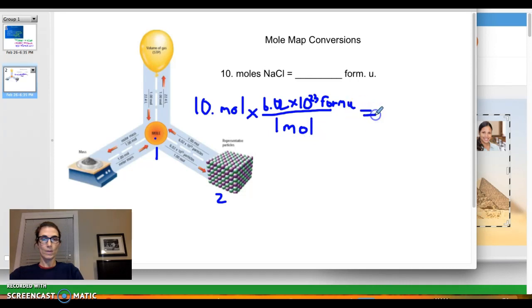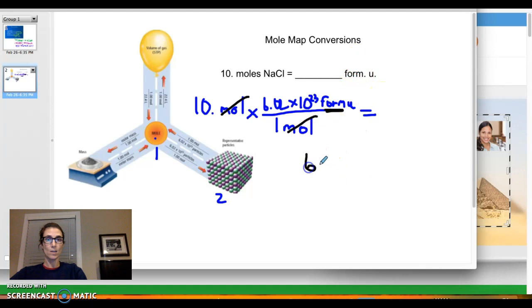To check to make sure that we have our conversion set up properly, let's cancel the units that we can cancel. We can cancel moles, and we're going to end up with FormU, which is what we want. So 10 times 6.02 times 10 to the 23rd simply gives us 6.02 times 10 to the 24th.